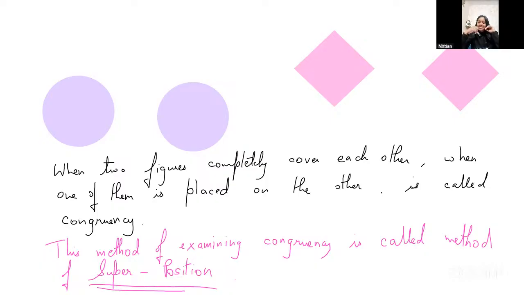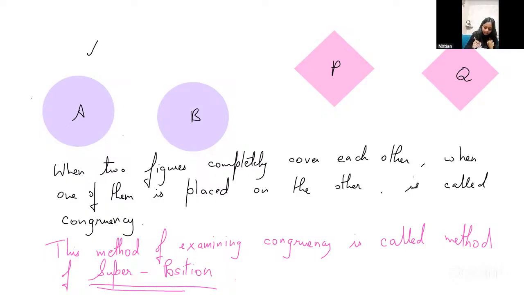Now, there is a symbol to represent congruency. It looks like this. If you want to show that two figures are congruent, for example, if I name these two circles A and B, and name this diamond, quadrilateral P and Q, and I want to show that these are congruent, so what will I do?